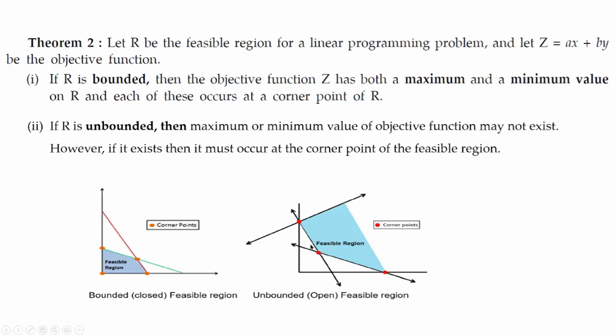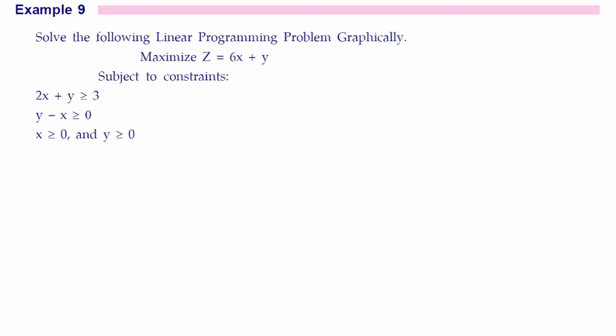However, if it exists, it will occur at one of the corner points of the feasible region. And now we will see this example where the feasible region is unbounded, and we will see how to go about solving this linear programming problem when the feasible region is unbounded.